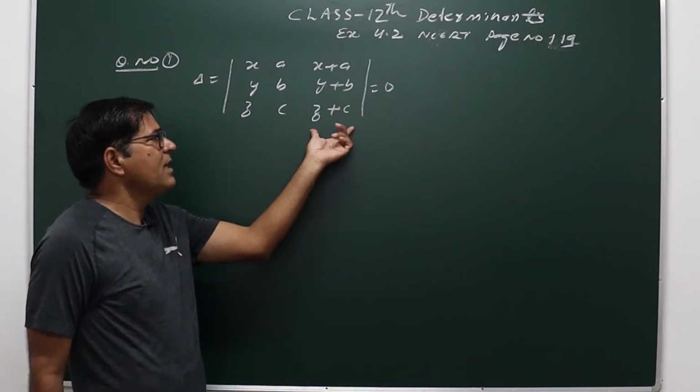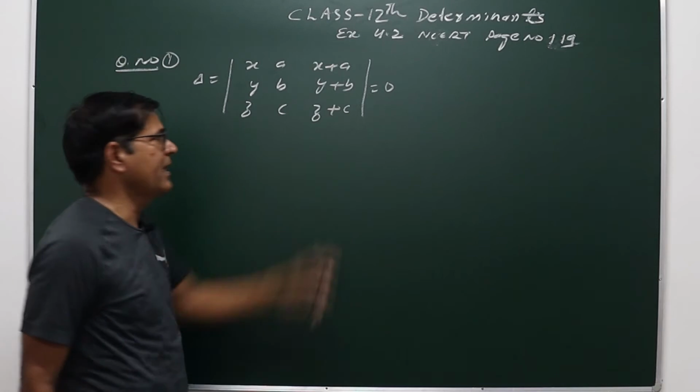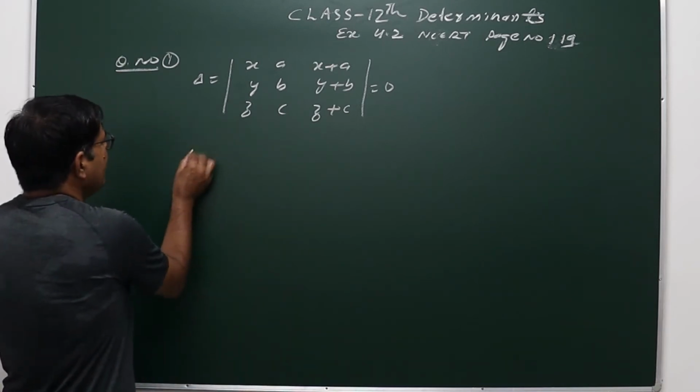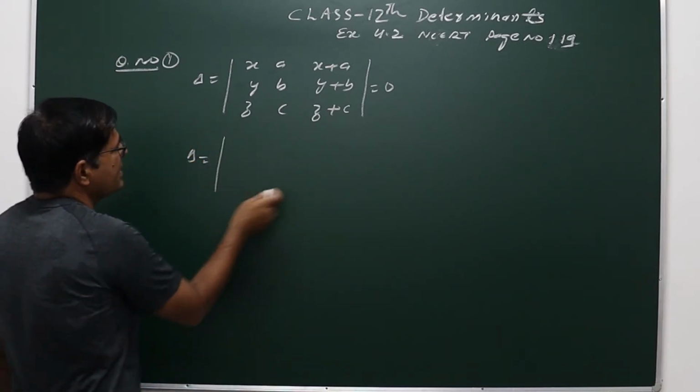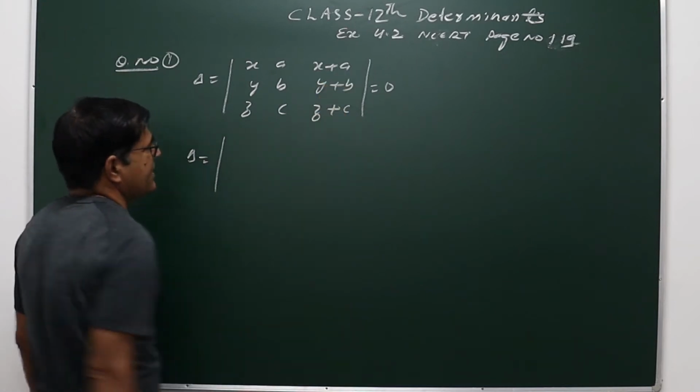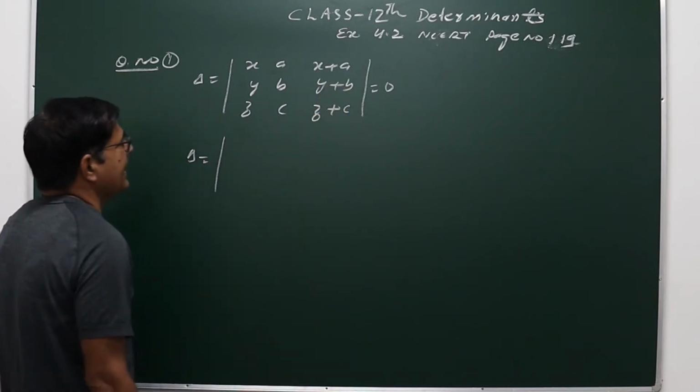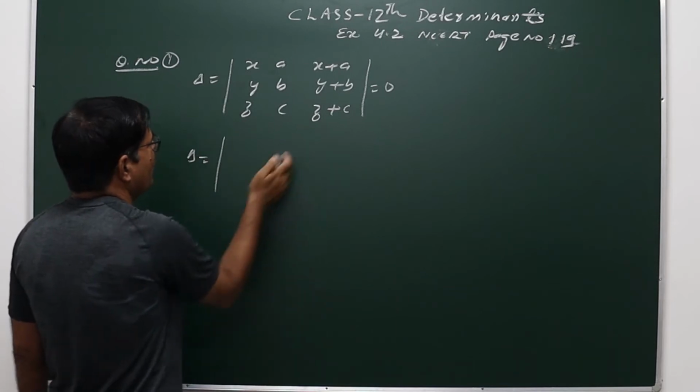Because the third column is expressed as the sum of two elements, we can express this determinant as the sum of two determinants.